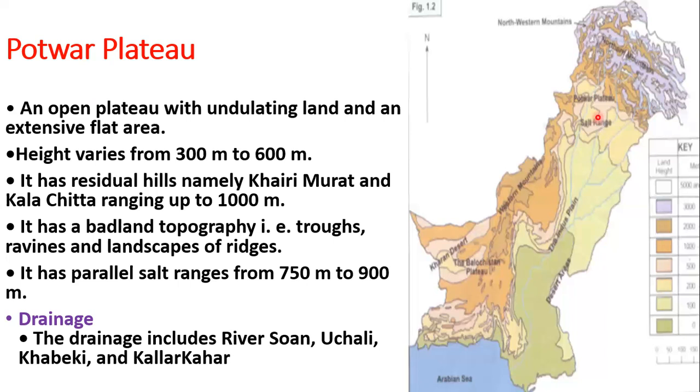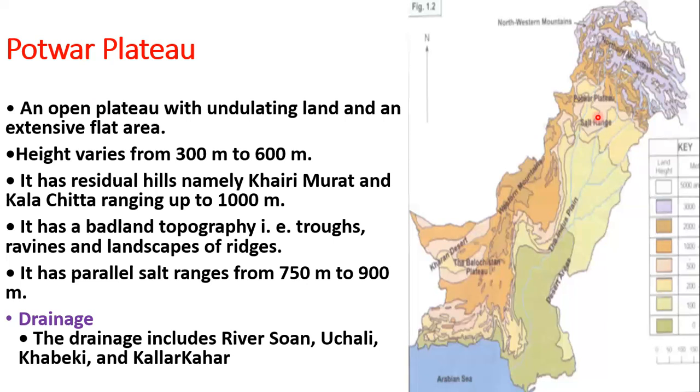It is lush green, with lots of agriculture. This area is the home of many old historic civilizations like Taxila, Sama, Katasraj. So this is a very significant area.